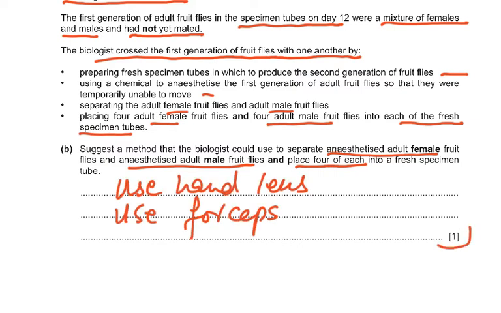So in order to get this 1 mark, you had to tell me first how you are going to decide which has a pointed abdomen and which has a rounded abdomen. So you could use a hand lens. You could also use a microscope to differentiate between the male and the female. And then you place the fruit flies in the specimen tube using a paintbrush, a pooter or forceps.